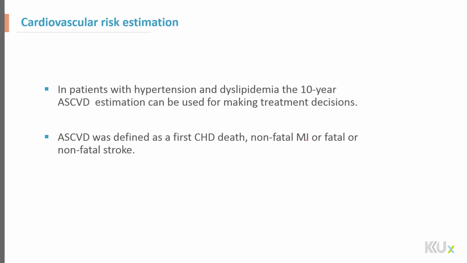So in patients with hypertension and dyslipidemia, which are major cardiovascular risk factors, we can actually estimate the 10-year ASCVD risk so we can make treatment decisions. You can estimate your chance in the next 10 years of getting atherosclerotic cardiovascular disease, and this is a very important abbreviation.